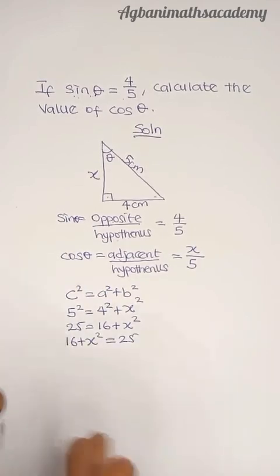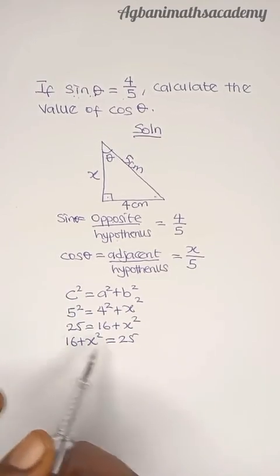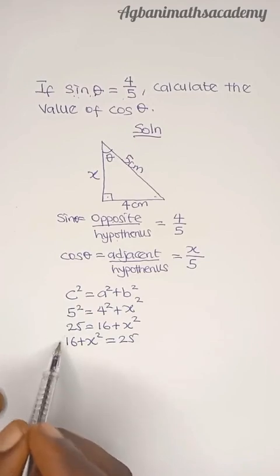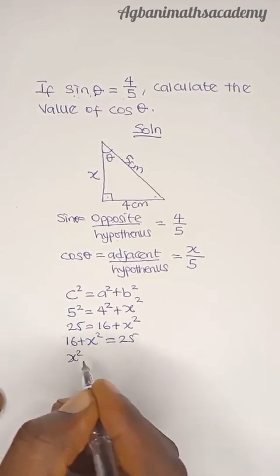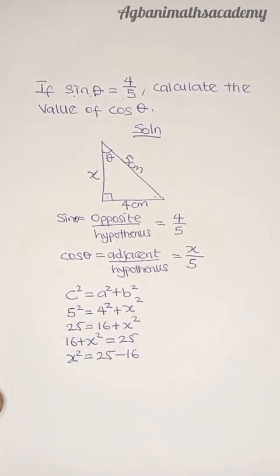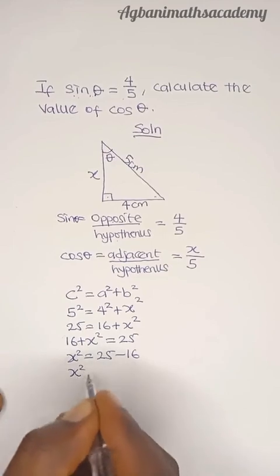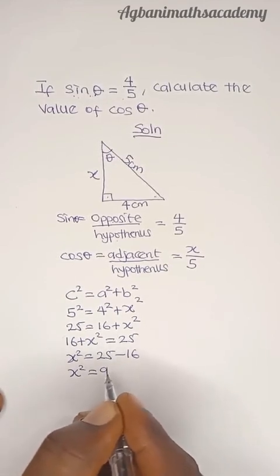These two are the same thing. We just made the left the right and the right the left. Next, we move this 16 to the right side, and the positive sign will change to negative. So we have x square is equal to 25 minus 16, which is going to give us 9.